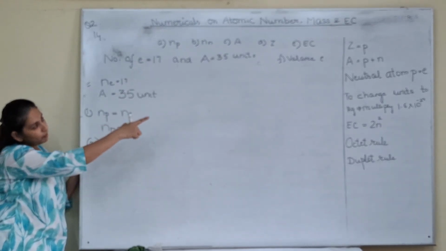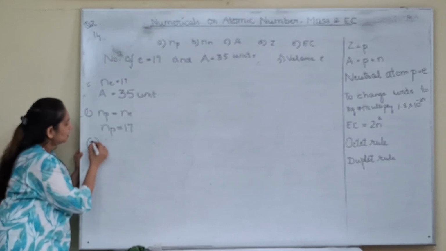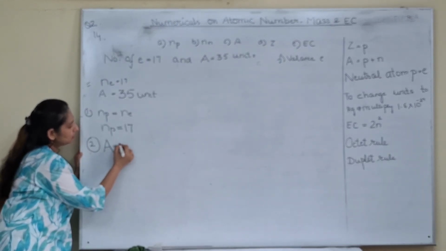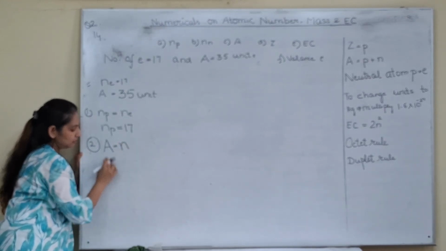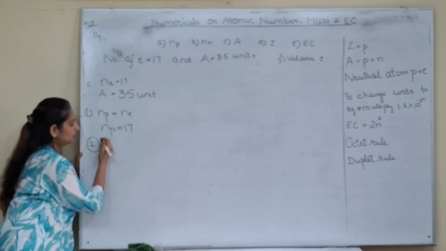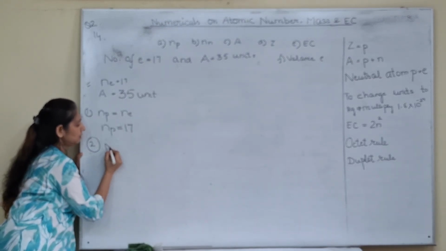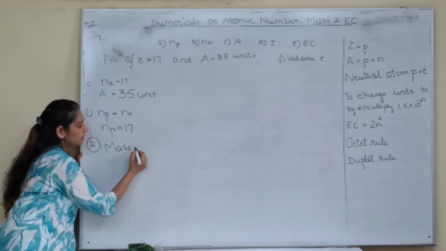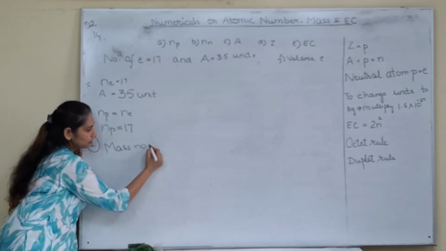Now the only formula for neutrons is atomic mass is equal to number, no, actually not this one, we should write mass number. Mass number, which is addition of number of neutrons and protons.